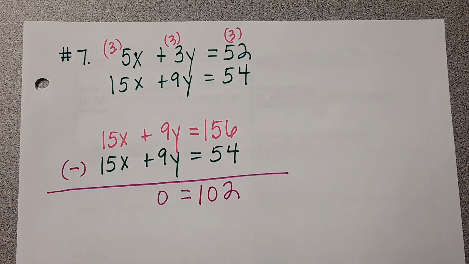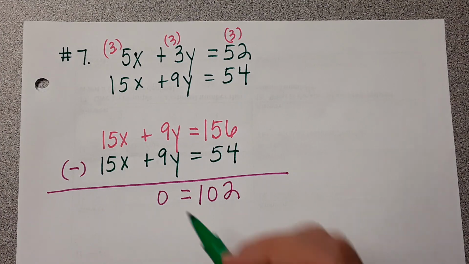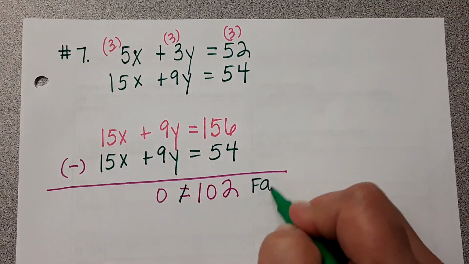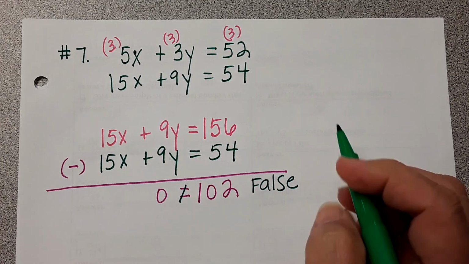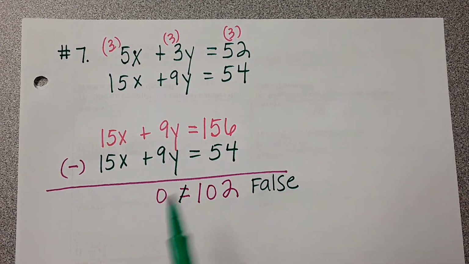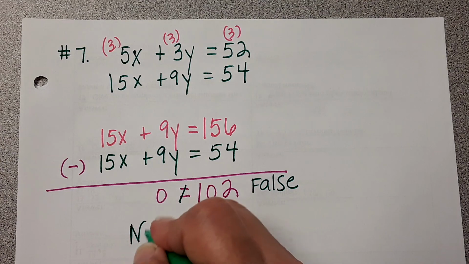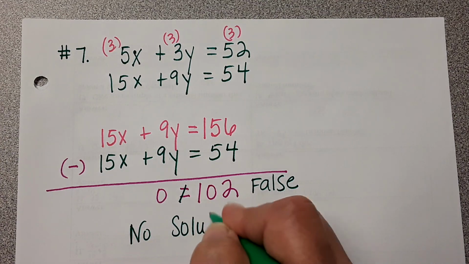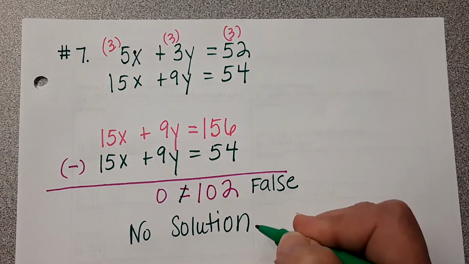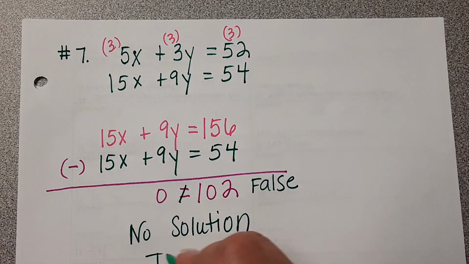Is that a true statement or a false statement? This is false. So that means that if this is never true, there is no solution, and this system is inconsistent.